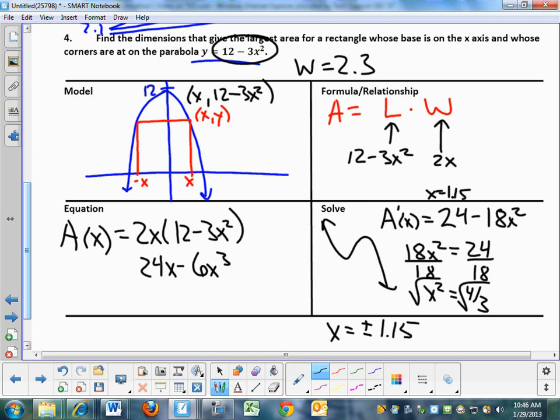And then the length will be whatever we get when we plug that in there. We'll wait for Kelly Sanderson to give us our result.